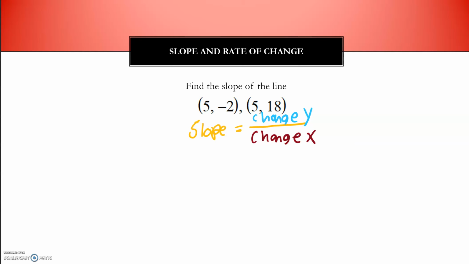We need a formula. M equals. To find change, we need to find the difference, right? So we would subtract. And we say it this way, y2 minus y1, and the same for x, x2 minus x1. Now, what does this mean?